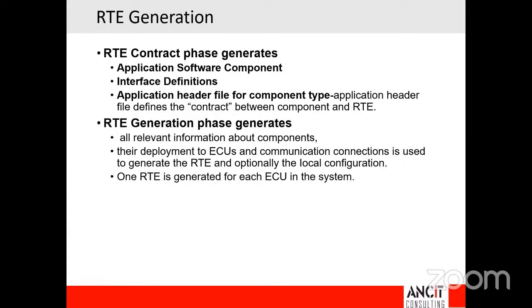It will create all the interface definitions, which are nothing but APIs, which are required to establish communication between the two software components. We will talk about that in a little more detail shortly. And then we will also have a header file, which will be created, which will be very specific to the component type.